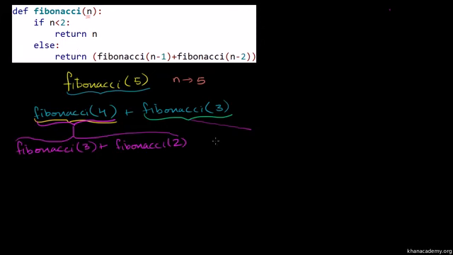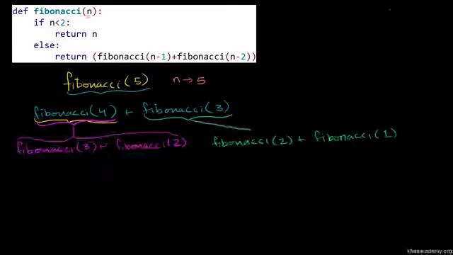Fibonacci of 3 minus 1, which is Fibonacci of 2, and plus Fibonacci of 3 minus 2, which is Fibonacci of 1. And then we're going to have to calculate each of these things, because these are just more calls to Fibonacci.